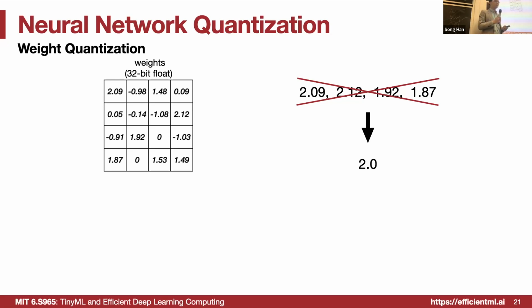But actually, in deep learning, we don't need that high precision. 2.09, 2.12, 1.92, we can just quantize everything to 2.0, and we find it doesn't hurt the accuracy.